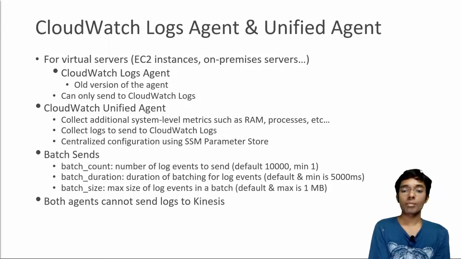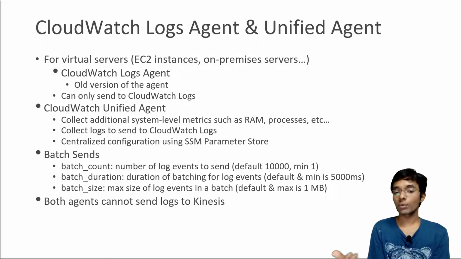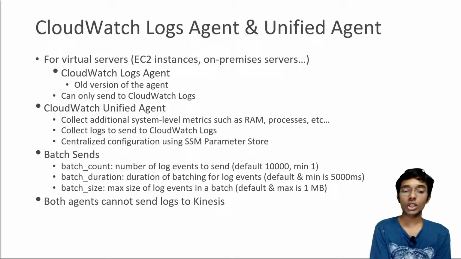And there is some batching capability in either agent. By default you have three settings. You have batch_count to count how many log events to send. The minimum setting is 1, and the maximum is 10,000, which is also the default value.